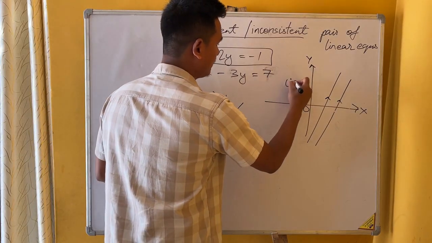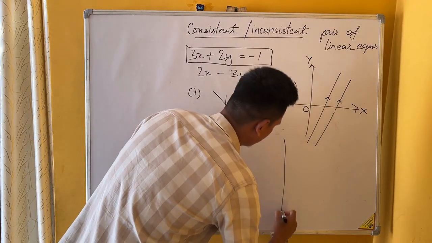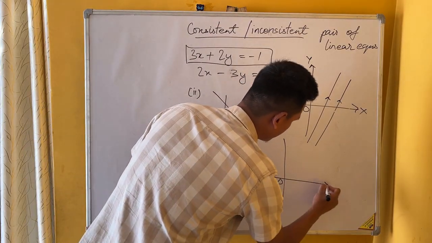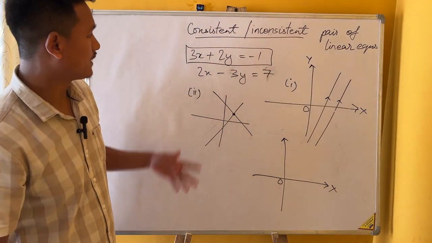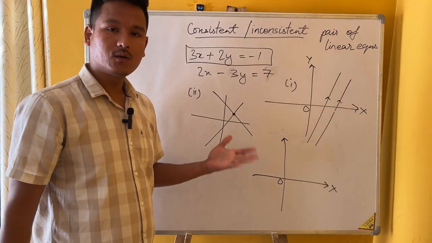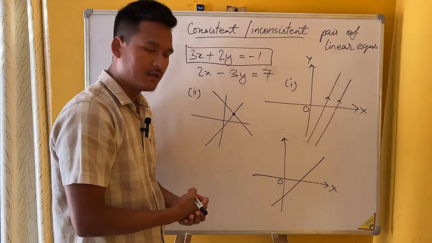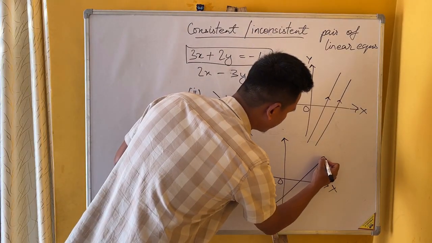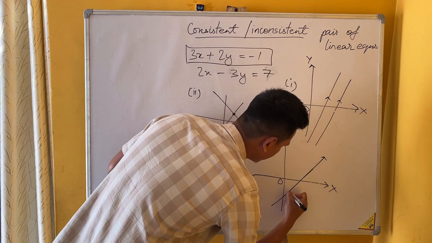Let's say this is case 1, case 2. While the third form is that the two lines can be coincident. That means if this is the first line, the second line can also lie right on top of that first line.